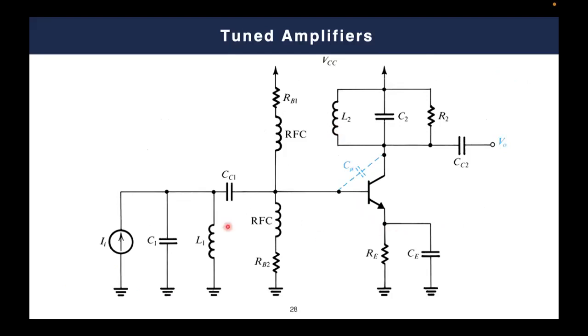Now, a final stage remaining is this LC filter. If you make this LC analysis, you will find a very interesting behavior: it ends up as what we call a band stop filter. So it passes everything except some resonance frequency, which is L1C1.